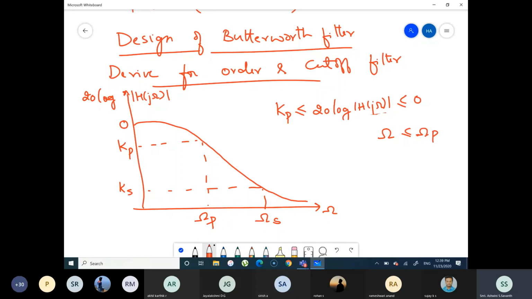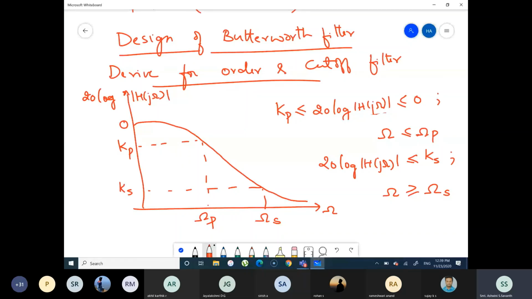And 20 log magnitude of H of j omega is less than or equal to Ks, that is the stop band attenuation Ks. Where is this? In the stop band, that is omega greater than omega s. So these are the specifications that we start off with.